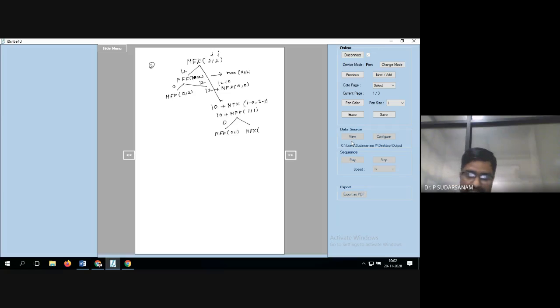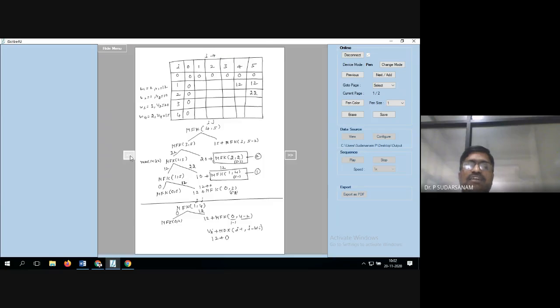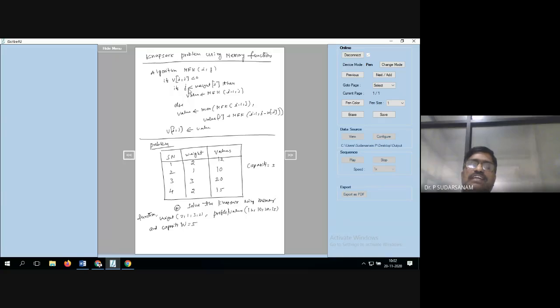In this case, the condition is j minus w of I, j less than w of I. J is 1, w of I is 1, so 1 less than 1 is false. If the condition is false, the value will become MFK of I minus 1 comma j.